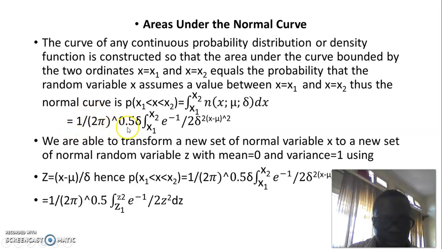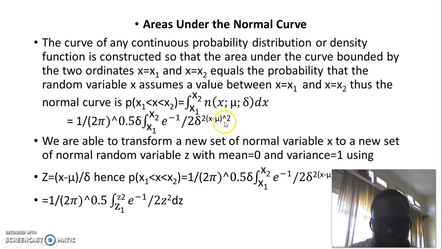Remember this, when you pull out the constants, it is equal to 1 over 2 pi raised to power 0.5 times the standard deviation, and then you integrate the part which has variables and which changes, which is the integral from x1 to x2 of e to power negative a half, 1 over sigma squared, into x minus mu raised to power 2.